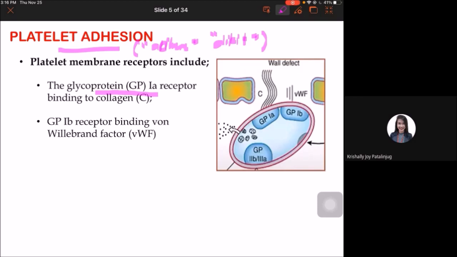Now, ang glycoprotein 1A, makikita siya sa platelet mismo. Ang platelet mismo, yung bida mismo, may receptor na what we call glycoprotein 1A receptor. And para saan siya? It is responsible for the binding of the platelet to collagen. So tandaan ha, it is important for the binding of the platelet to collagen.